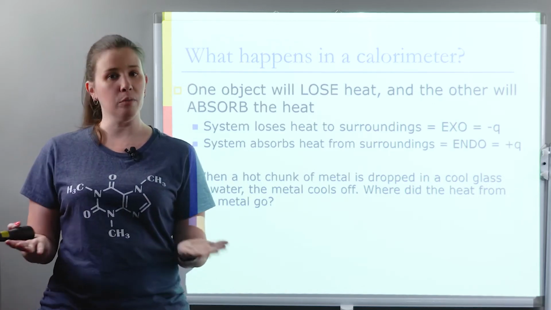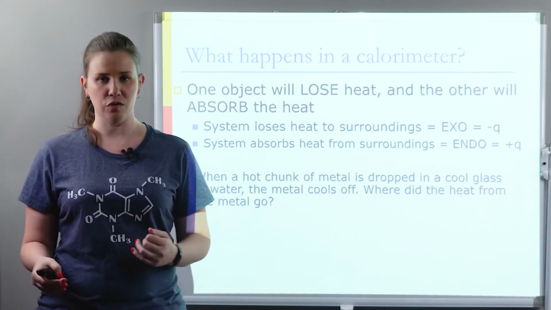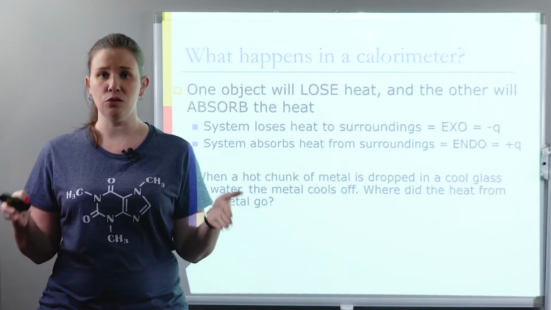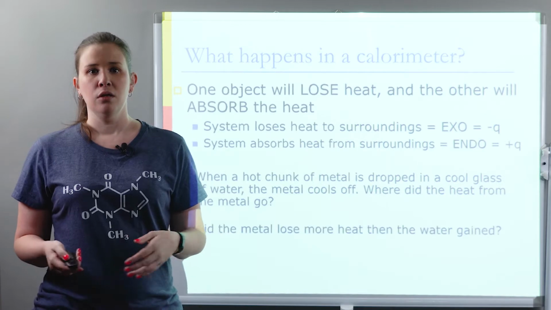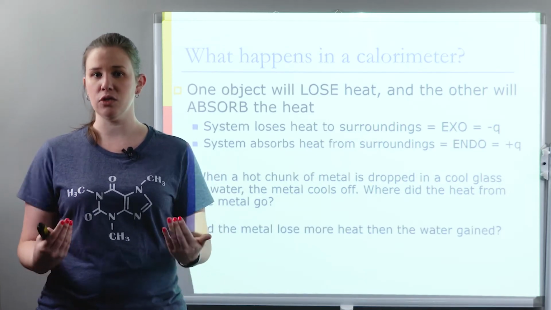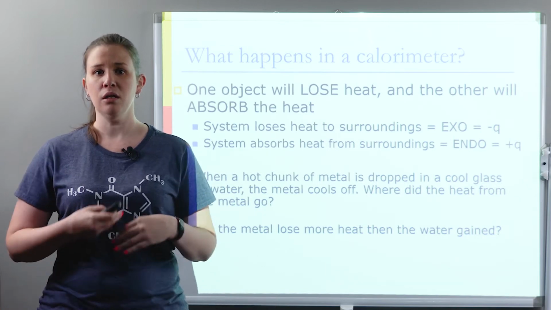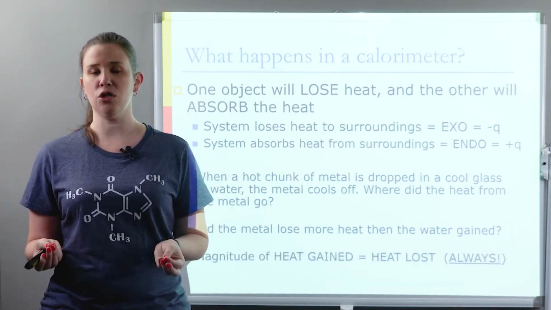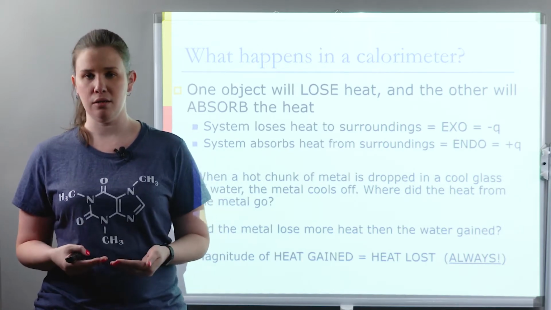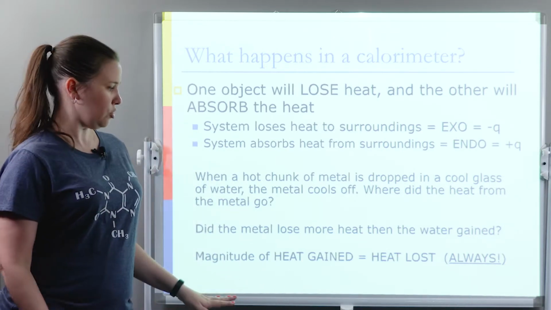This is due to a very important law, known as the law of conservation of energy. The heat will always flow from hot to cold, and the magnitude must be the same. So can the metal lose more heat than the water gained, or vice versa? No. In theory, the magnitude or amount of heat exchange should be equal. Heat lost must equal heat gain due to the law of conservation of energy.